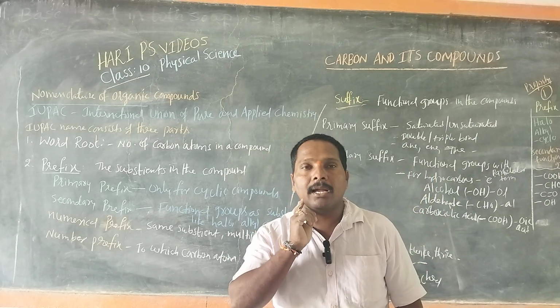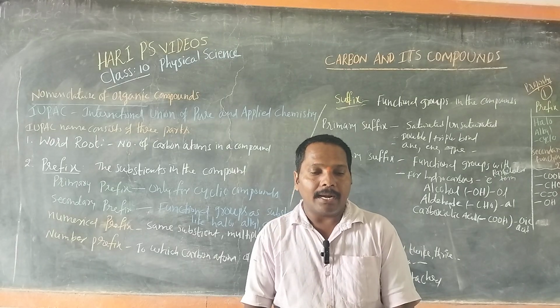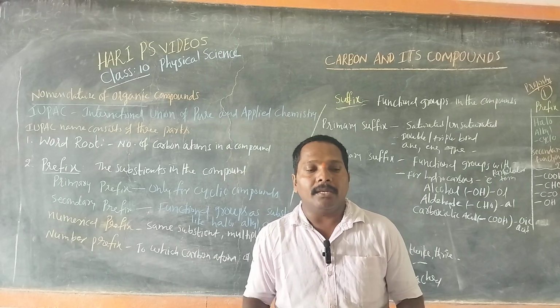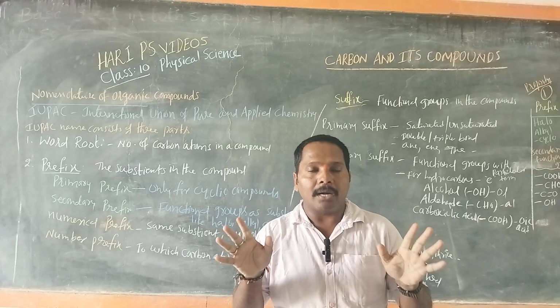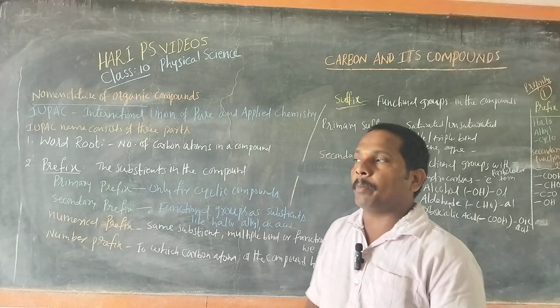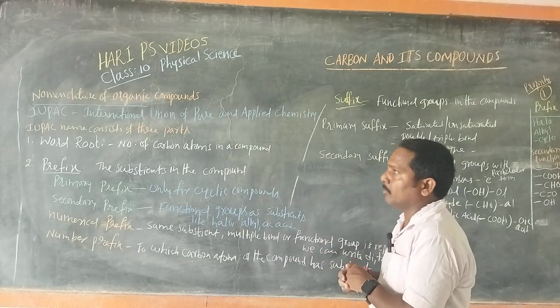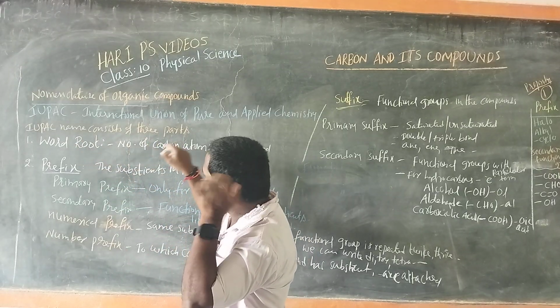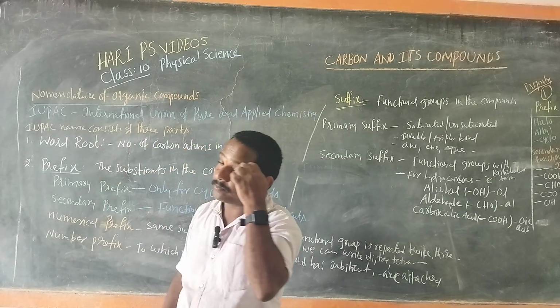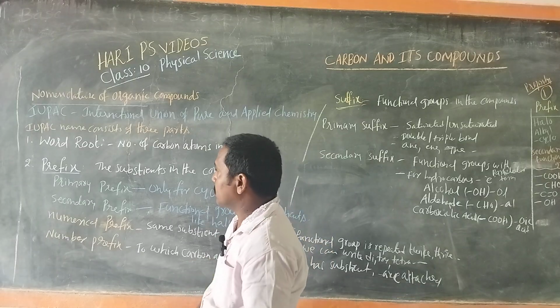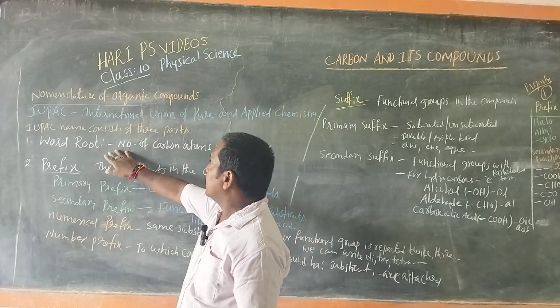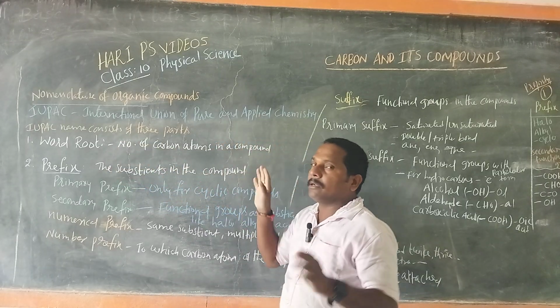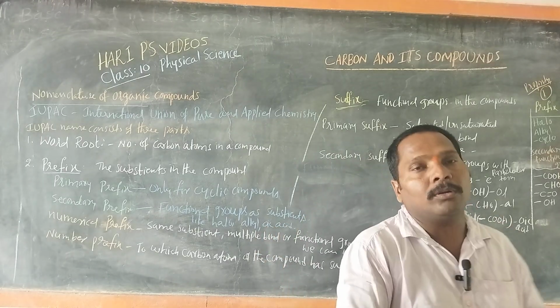The IUPAC name of an organic compound consists of mainly three parts. What are those parts? Let us take some introduction. One is the word root. Word root means the number of carbon atoms present in the compound.